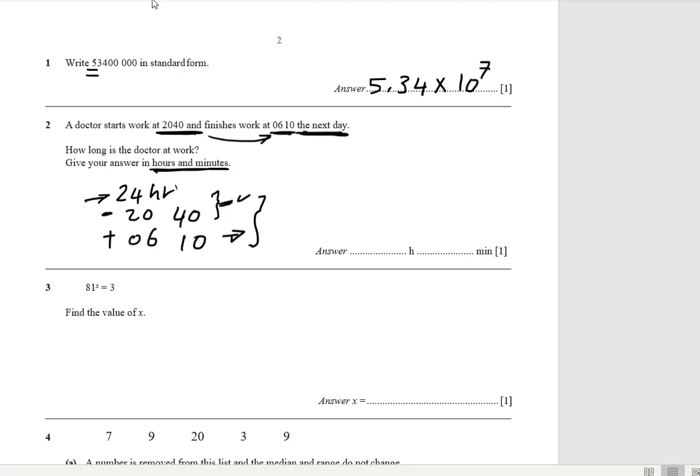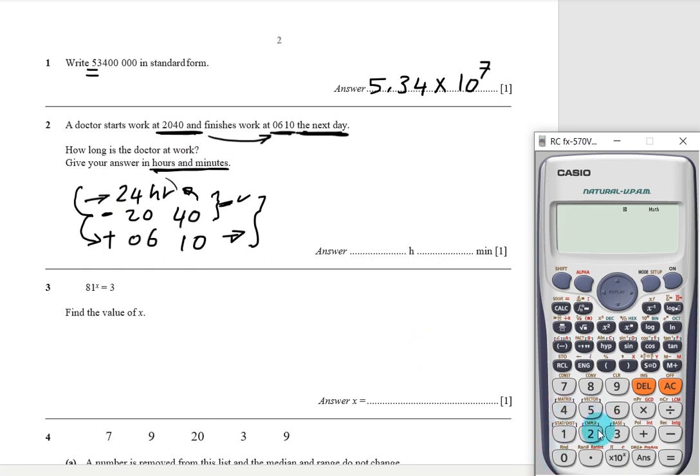Why do we subtract 20:40 from the 24 hours? Because this is one day and this is the next day. So we first calculate the duration on the first day, and then we add the duration on the second day. To find the answer from the calculator, follow me please.